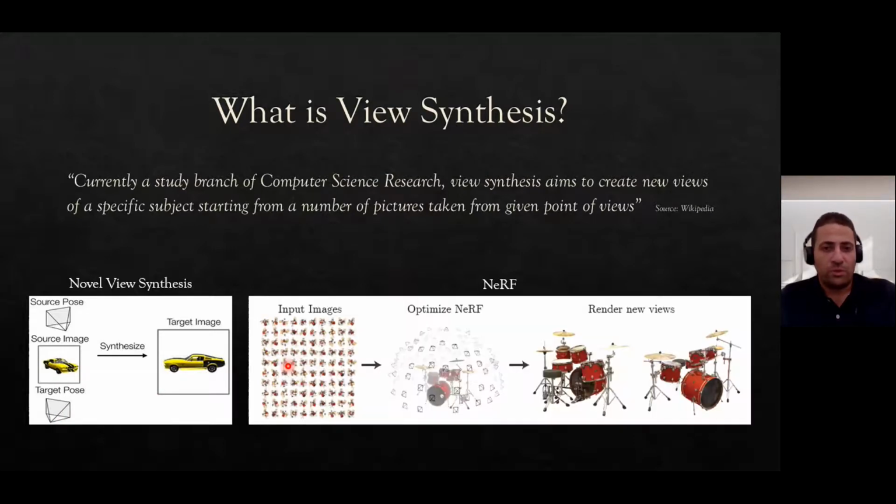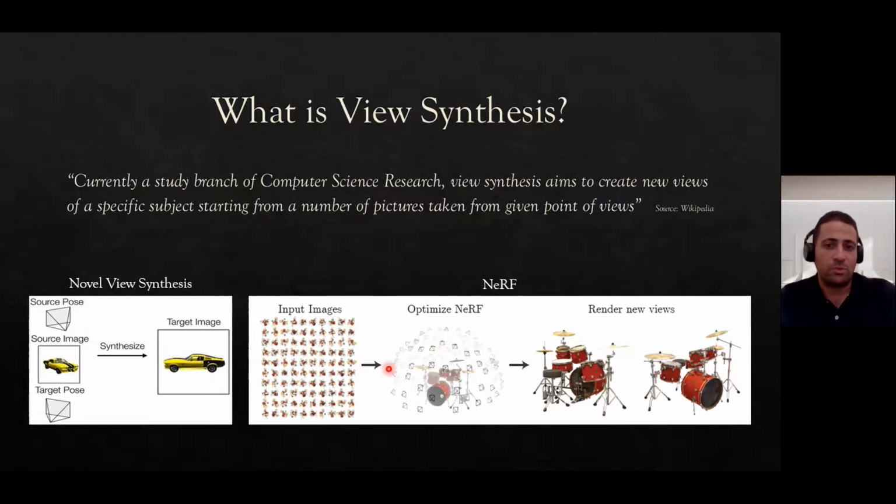Now, in NeRF, as they explain it, it's not so much different from the novel idea. It's just that we have a set of input images, not just one image. The NeRF system somehow does the optimization that renders new views that are different from the input images.